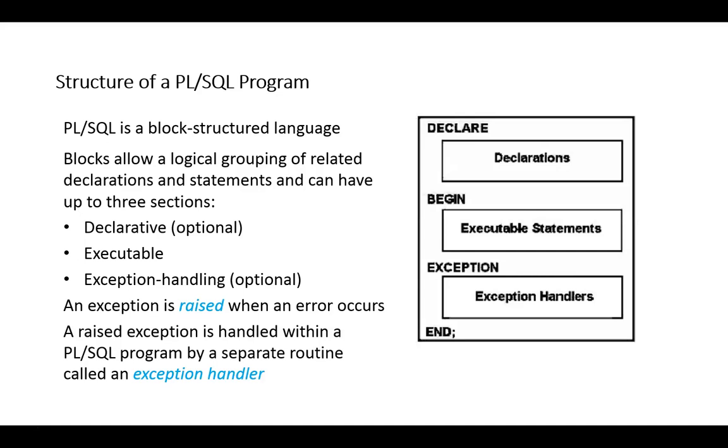If an exception is not handled in the PLSQL program, that is, if we have an unhandled exception, an error number and message will be sent to the user of the application. But note that control is not returned to the original block.